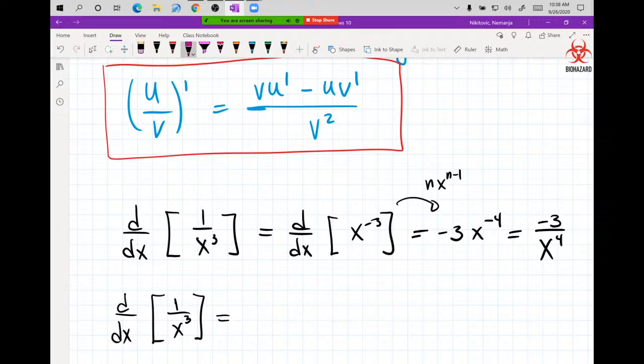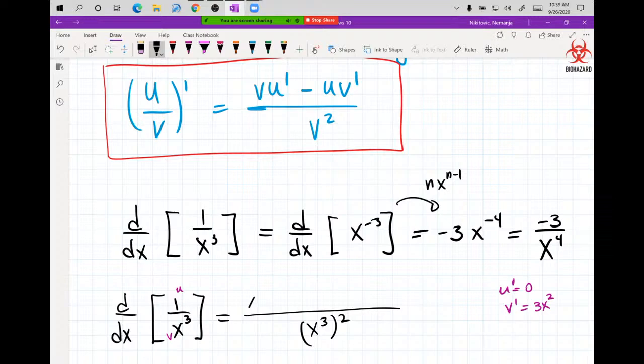So you have your u, you have your v, and then you want your u prime, which is 0, and v prime, which is 3x squared. So you just put the formula together. You have your v squared. That's going to be x cubed squared.